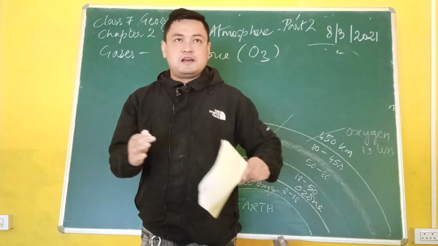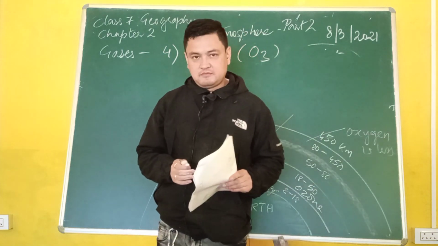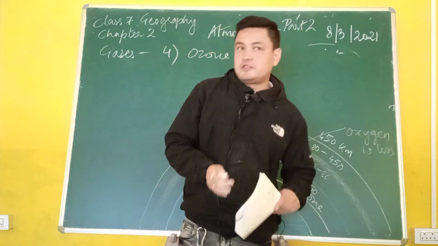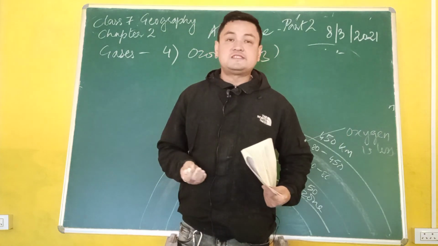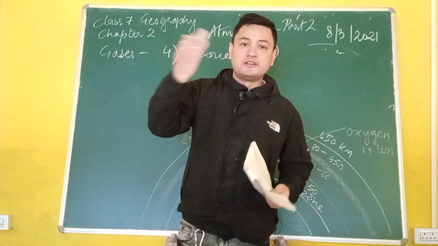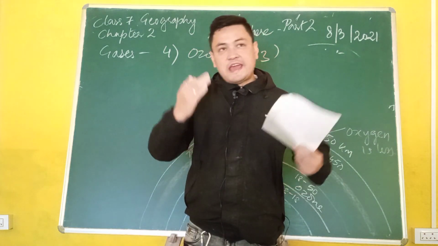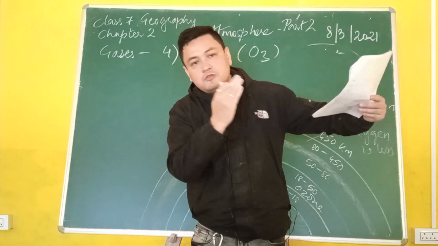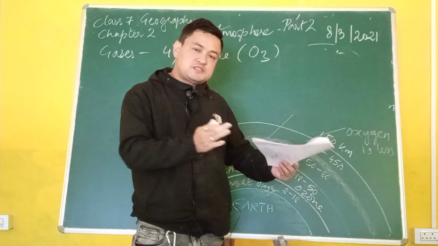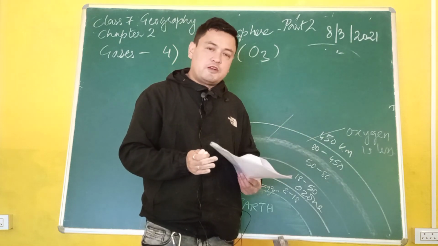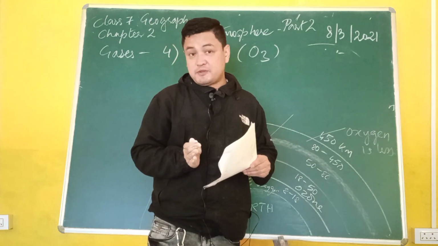Otherwise, if we got the direct heat of the sun, we would get lots of illnesses, skin diseases or cataract when exposed to the harmful radiation of the sun. So the ozone layer acts as a blanket which protects our earth from the harmful ultraviolet rays of the sun. Not only ozone but also water vapor, remember that.